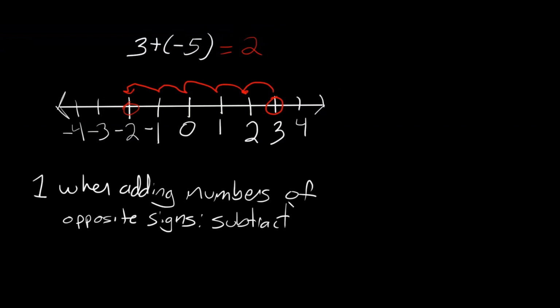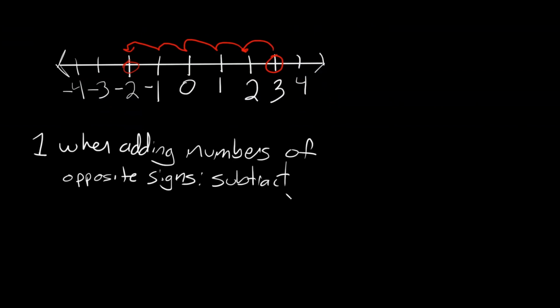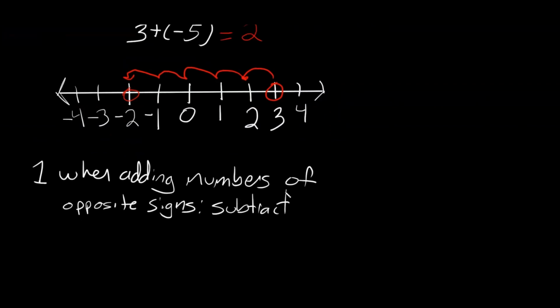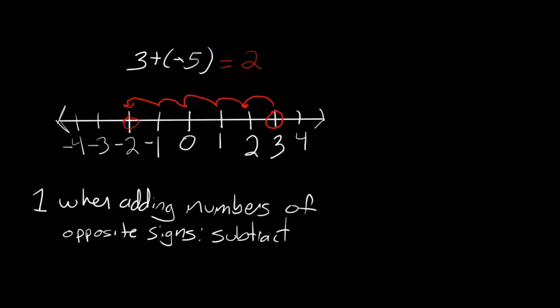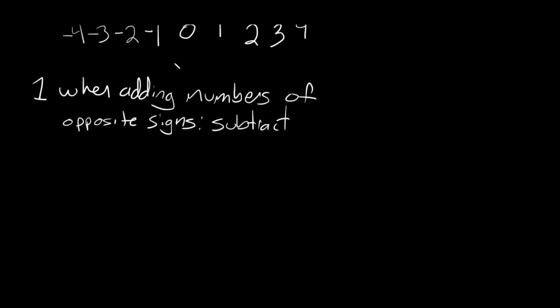What I mean by subtract is subtract the smaller number from the larger number. And when we do this, we're going to ignore the negative sign for the time being. So we're going to look for 5 minus 3. That's going to leave us with 2.